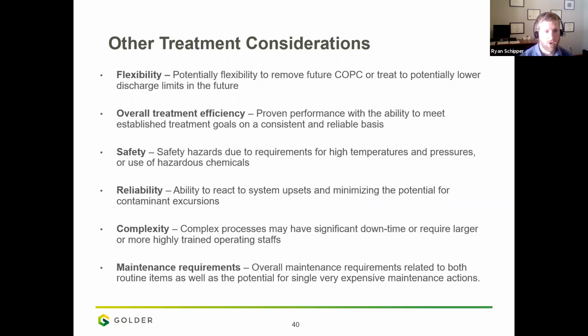So what we're being required to treat to now may not be the same limit in the future. Overall treatment efficiency, safety is obviously a concern, reliability of the system, and its ability to react to system upsets. We've got complexity and maintenance requirements. These are just a few.